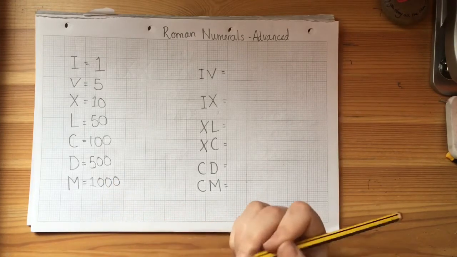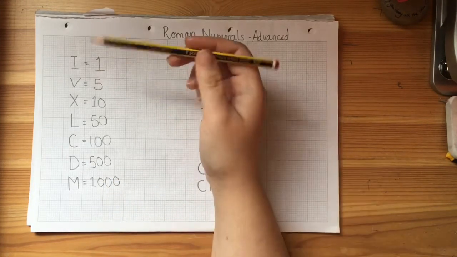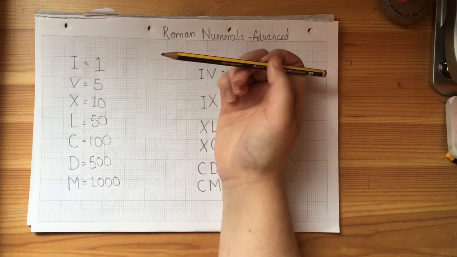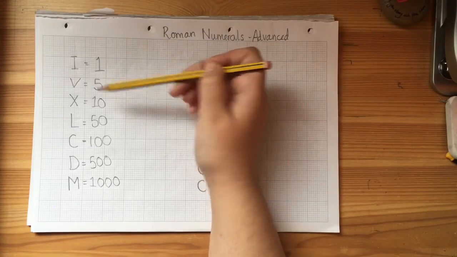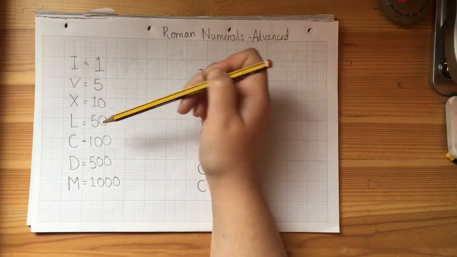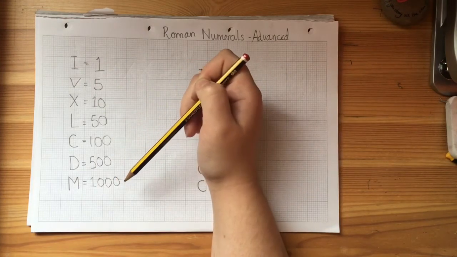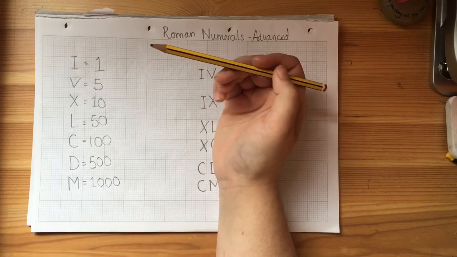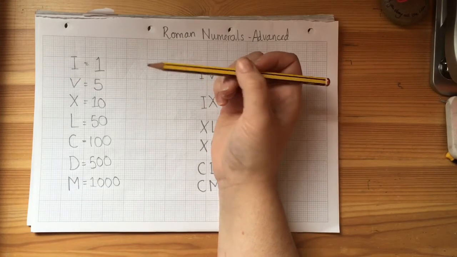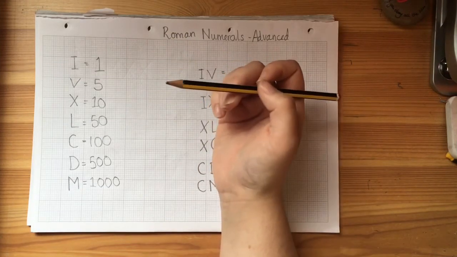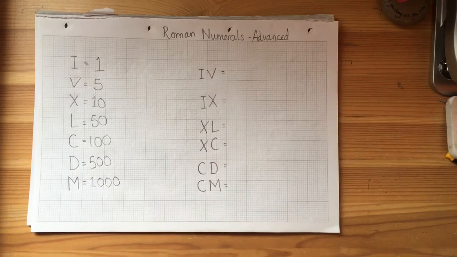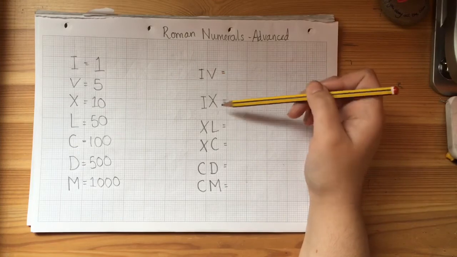Now the cool thing about Roman numerals is they count in 1s and 5s. If you have a look, we've got 1 and 5, 10 and 50, 100 and 500, and 1000, and I do believe there is a number for 5000. So, we're specifically looking at these kind of numbers.